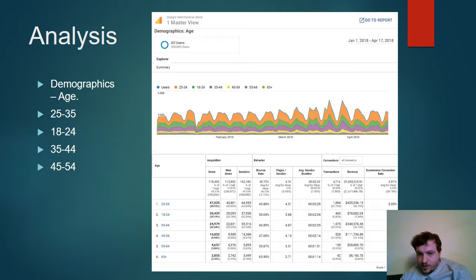A big thing I did notice was the majority of our revenue comes from that first range, the 25 to 35, followed by the 35 to 45, then the 45 to 54, and then followed by the youngest crowd to the oldest crowd. So it seems that 25 to 35 might be the biggest revenue source.